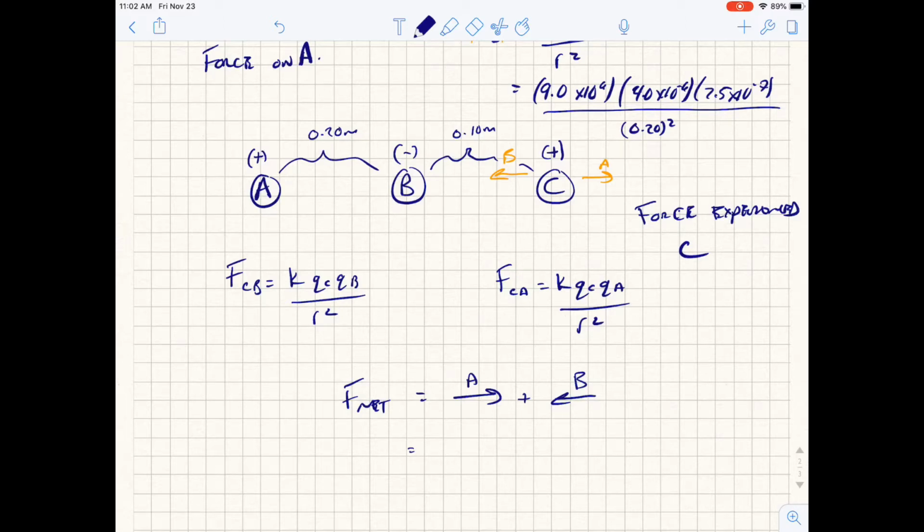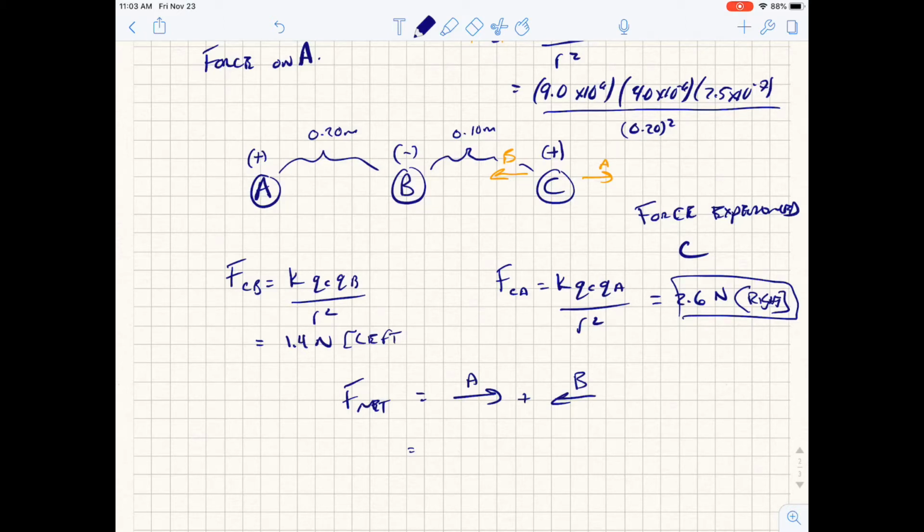The force experienced on C due to A turns out to be, I won't show you the math because I think it's pretty straightforward, 2.6 newtons towards the right. And then the force experienced on C due to B turns out to be 1.4 newtons towards the left.